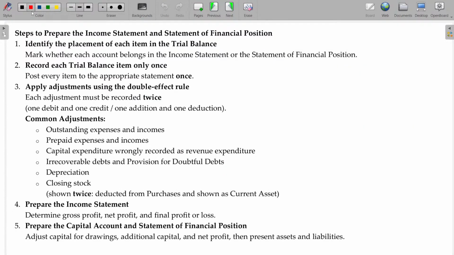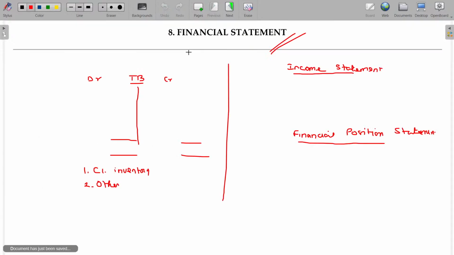So how do we prepare? I have given the steps here. Prepare the income statement and statement of financial position. Two statements are going to be prepared. First of all, for the list of accounts given in the trial balance, identify where each will go. In the income statement, we have two segments.